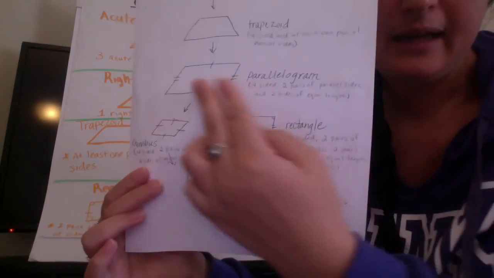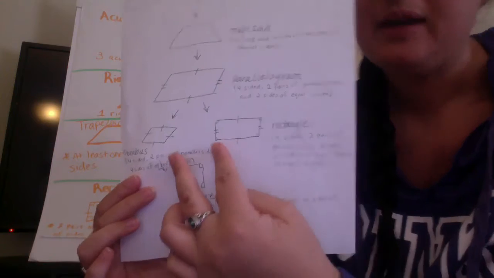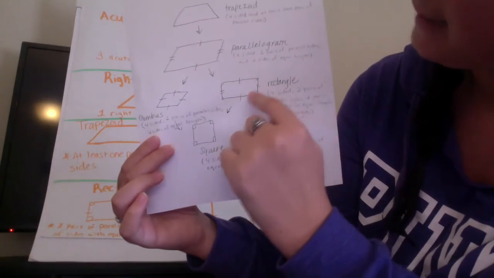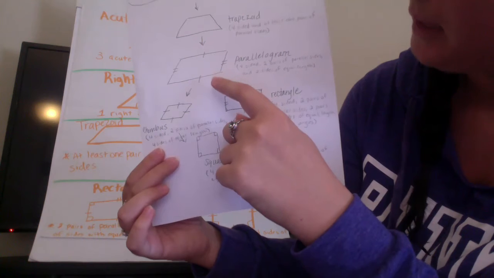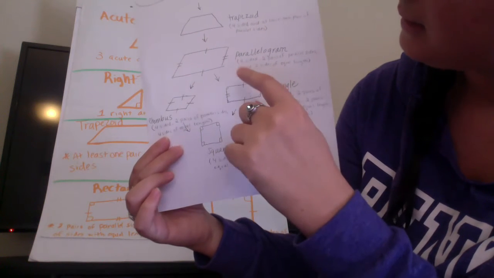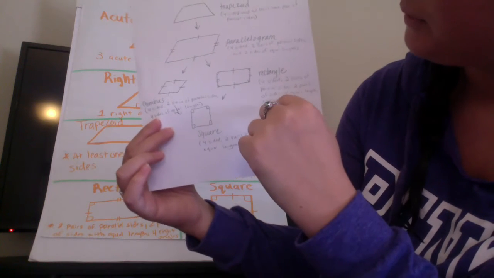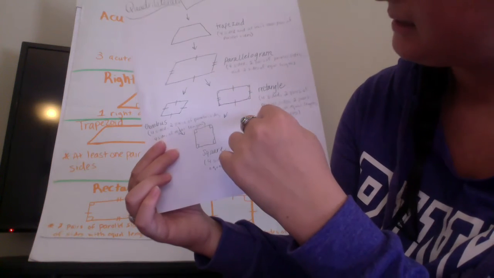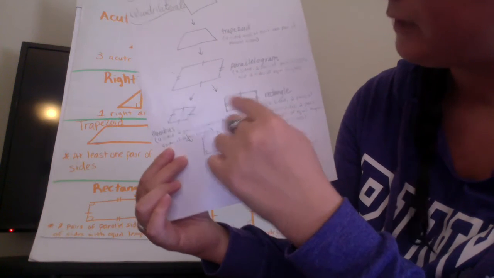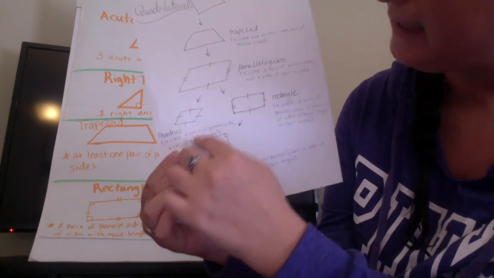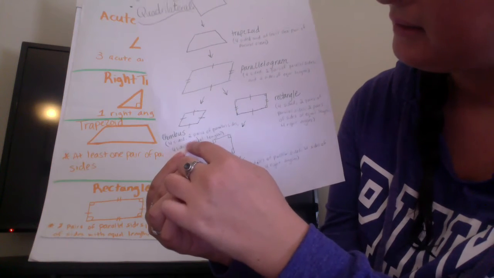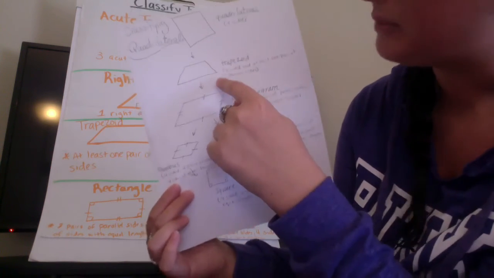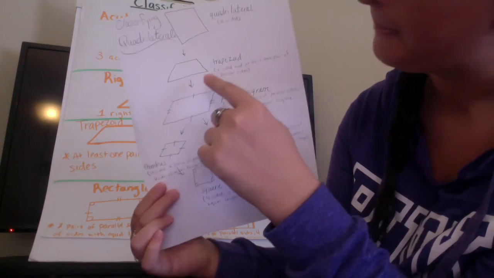And then this is kind of where we see a divide, because I can't call a parallelogram a rectangle because it doesn't have the right angles, right? But I can call a rhombus a parallelogram because it has all those qualities. I can call it a trapezoid because it has all those qualities.